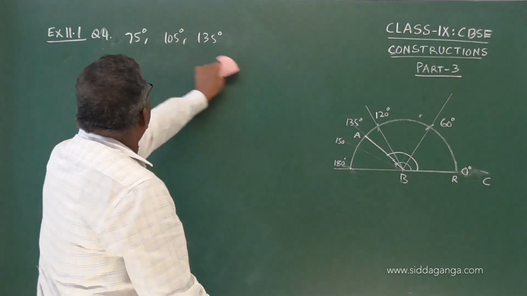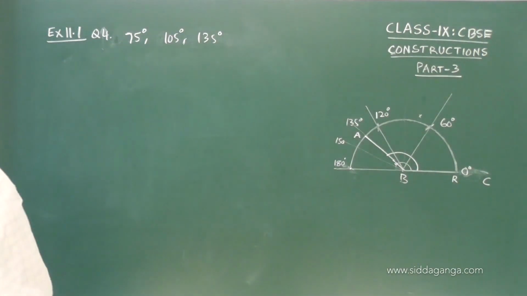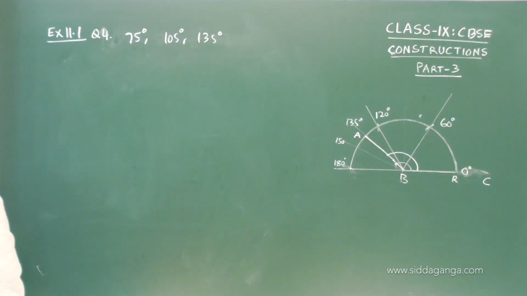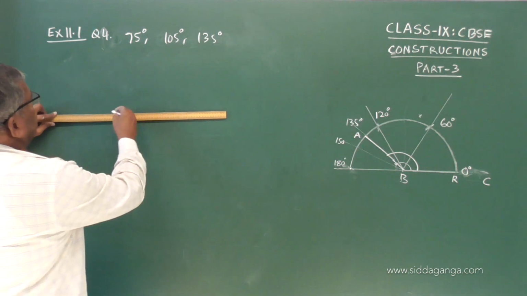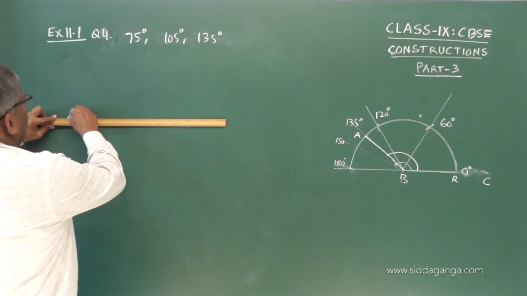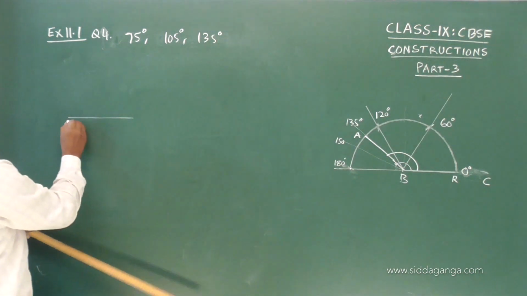So quickly I will do this on board. First I will take up 75 degree. You can see here line BC.